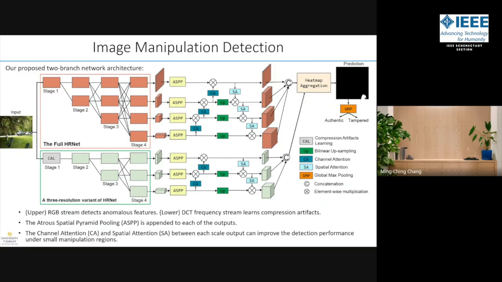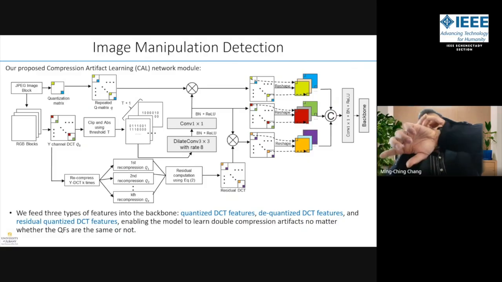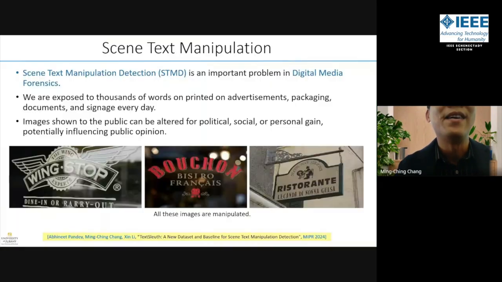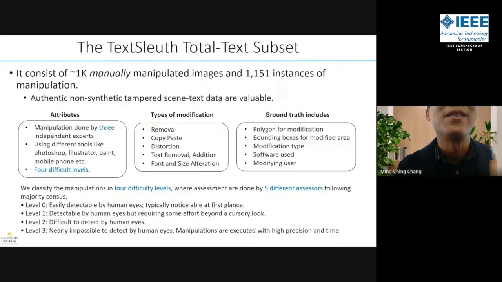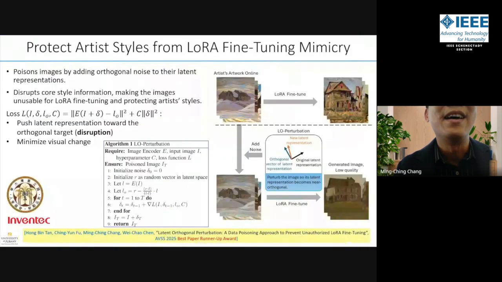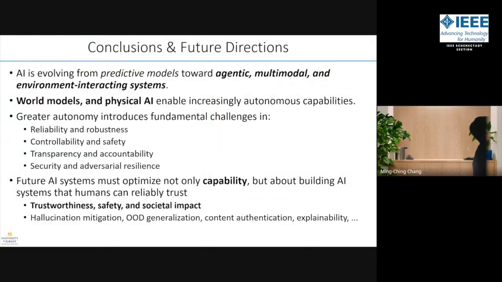And then there's a way to tune it and improve detection on JPEG compression, etc. For the time's sake, I cannot talk about all of these joint works, some of which are wonderful. I will move on to the wrap up.